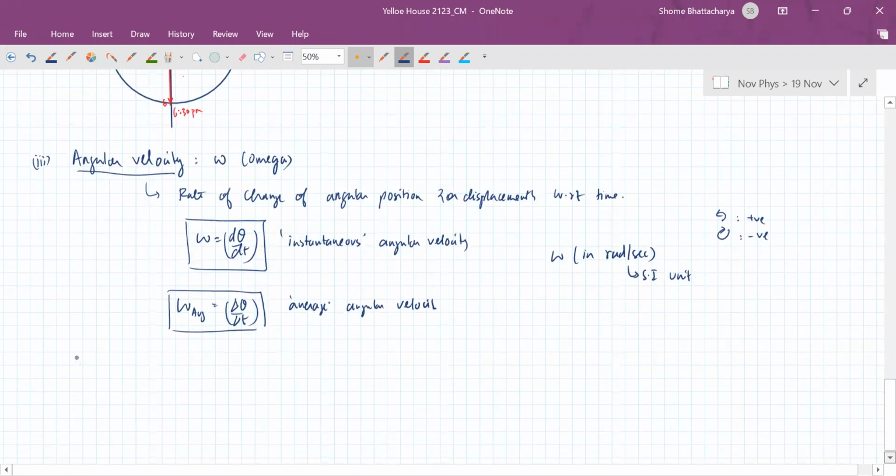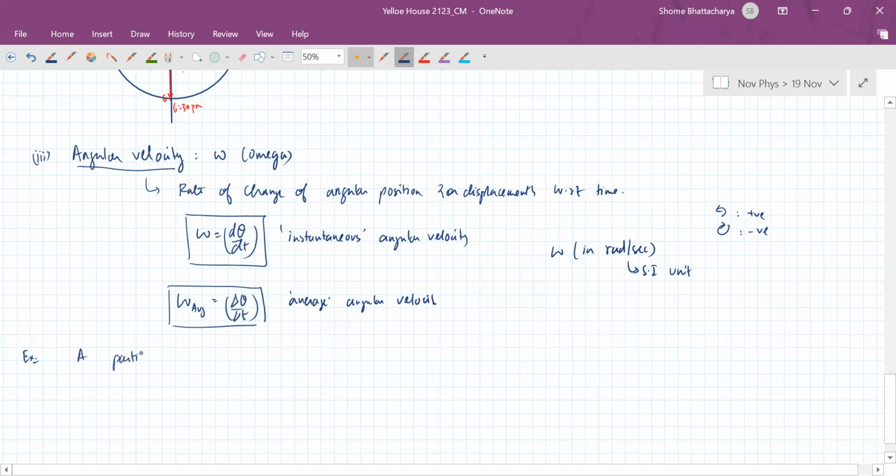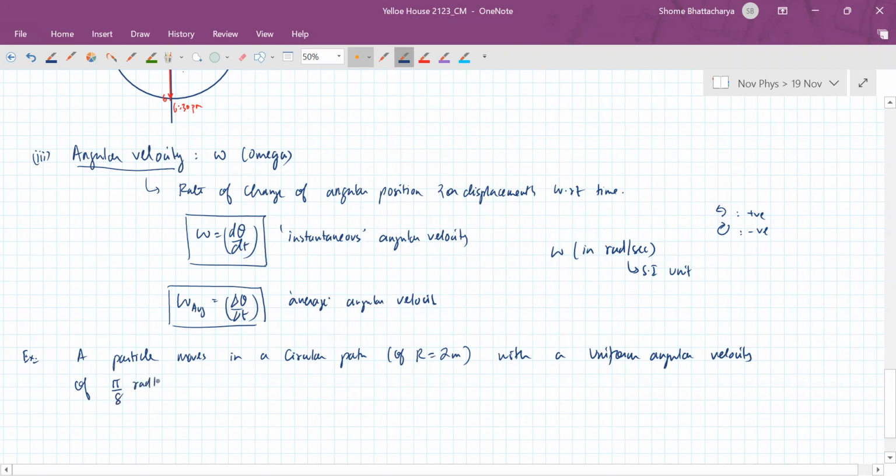So for example, let's say a particle moves in a circular path of radius, let's say 2 meters, with a uniform angular velocity of, let's say, pi by 8 radians per second.